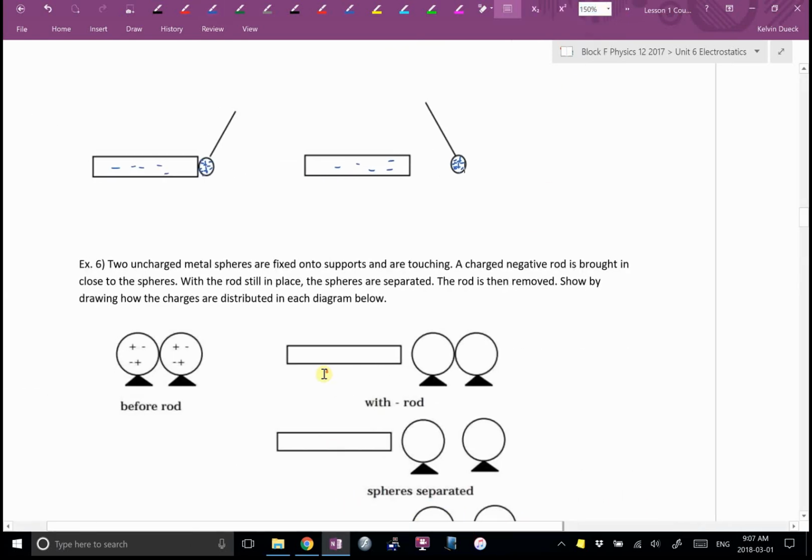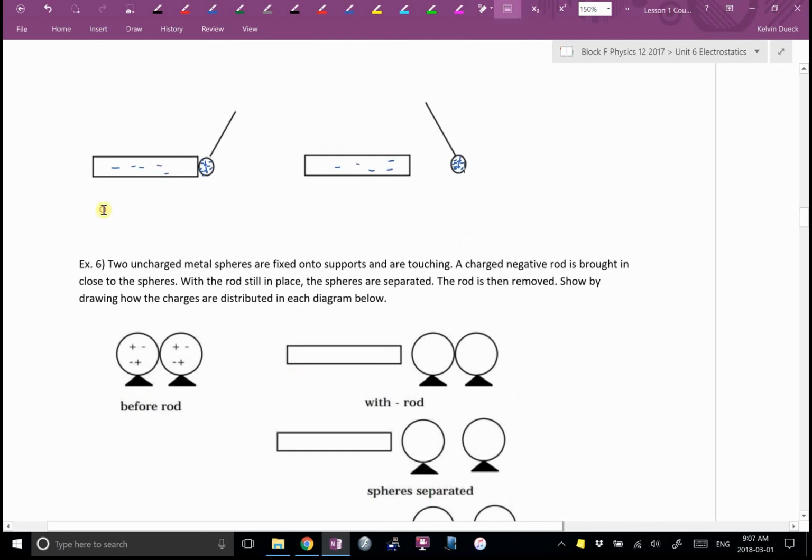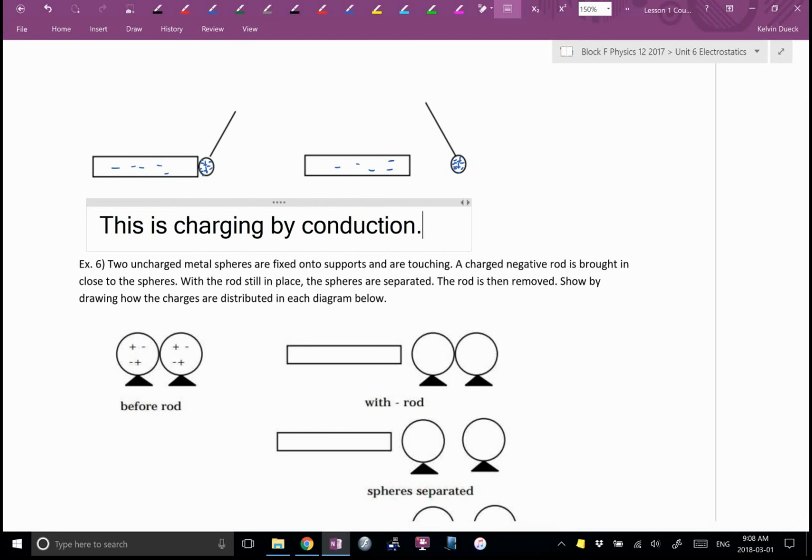Next one, I don't have a setup. We're going to do it as a thought experiment. By the way, we call this charging by conduction because we made contact. We physically transferred charge from one object to another. Does anybody remember from Science 9 the other way to charge an object without touching?